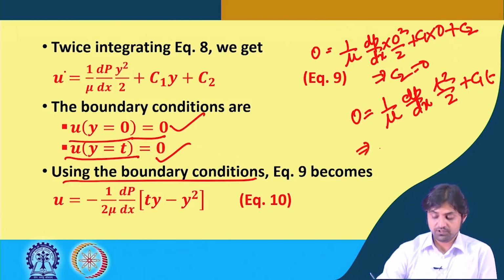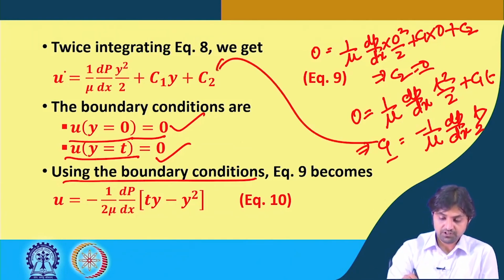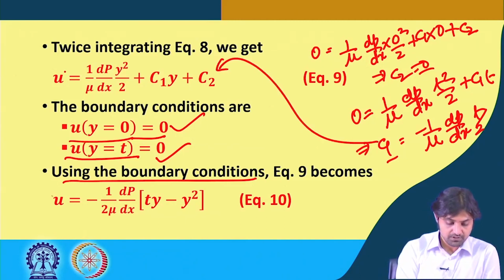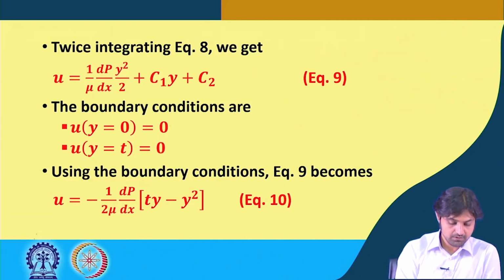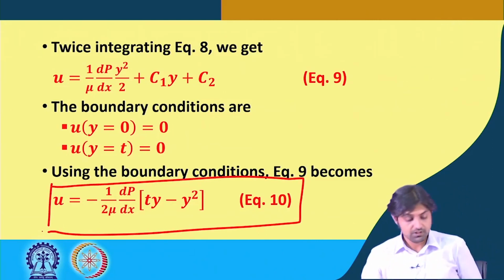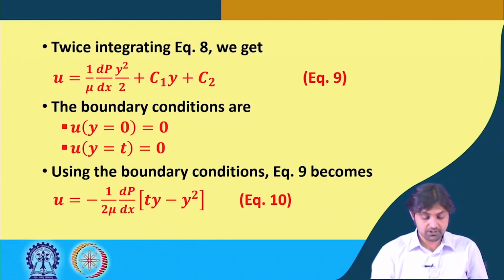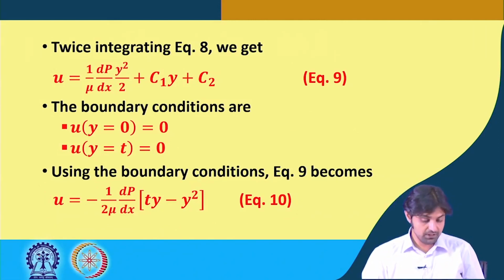This is how you obtain c1. c1 is going to be minus 1 by mu dP/dx t by 2, and you substitute c1 and c2 in these equations, and this is how you end up with this u. So, this is the final equation for u after substituting the boundary conditions. This is also something you can try to remember because it is quite simple.